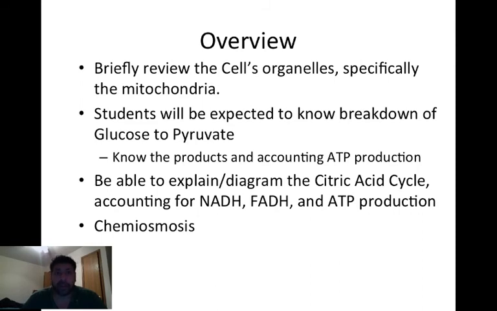And again from there I want you to also know the products within the cycle and account for how much NADH and FADH2 is made, as well as ATP production. And then ultimately the whole thing ends and is followed up by chemiosmosis, which again is the mass production of ATP that occurs in the mitochondria.